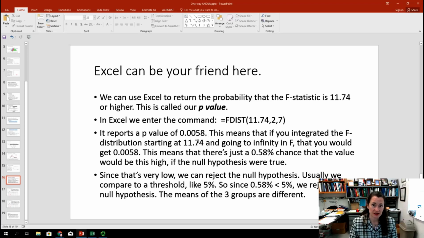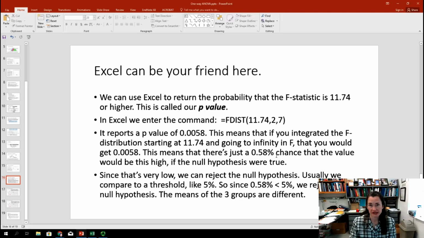What that means, what Excel did, is it integrated that F distribution function starting at 11.74 and going to F equals infinity. And when it did that, it got 0.0058. What that means in everyday language is that you would get only a 0.58% chance of having an F statistic that's that large or larger, if the null hypothesis were true.